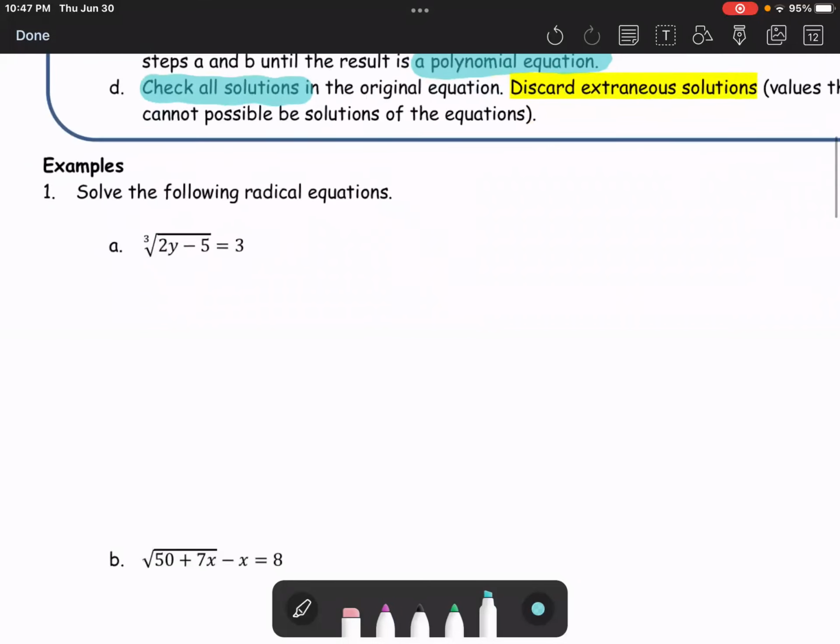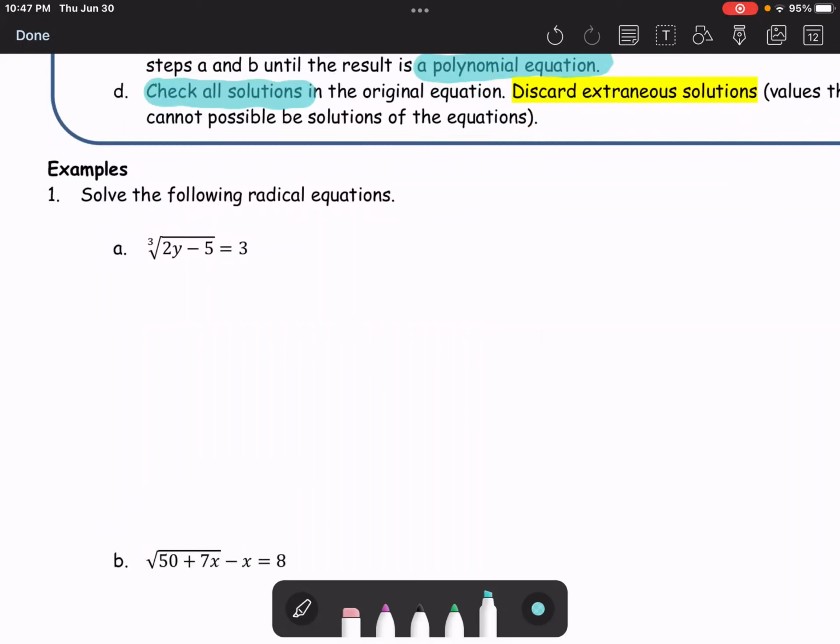For the first one, we are going to solve the radical equation: the cube root of the expression 2y minus 5 equals 3. This is the cube root, and the equation has a radical form by itself on the left-hand side, so it's good to go for the next step, which means we are going to raise to the appropriate power to undo the radical.